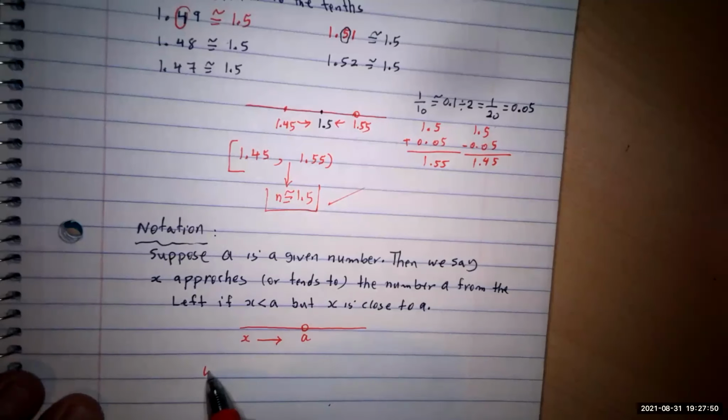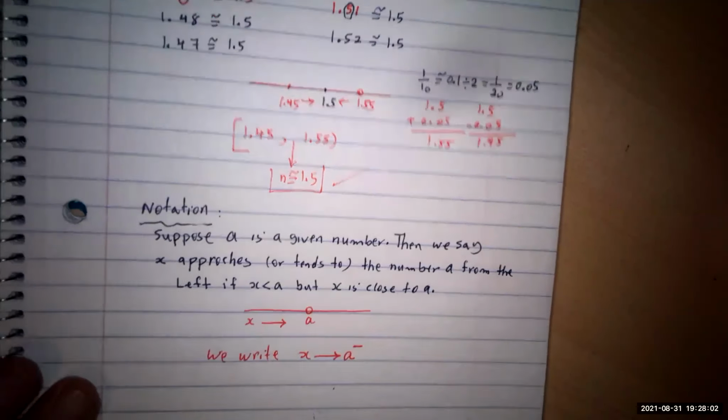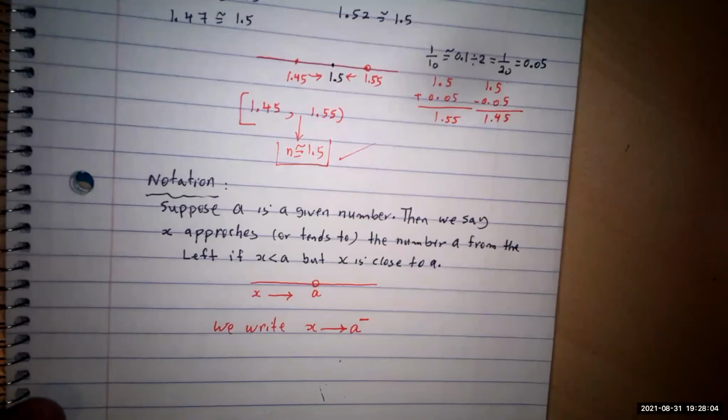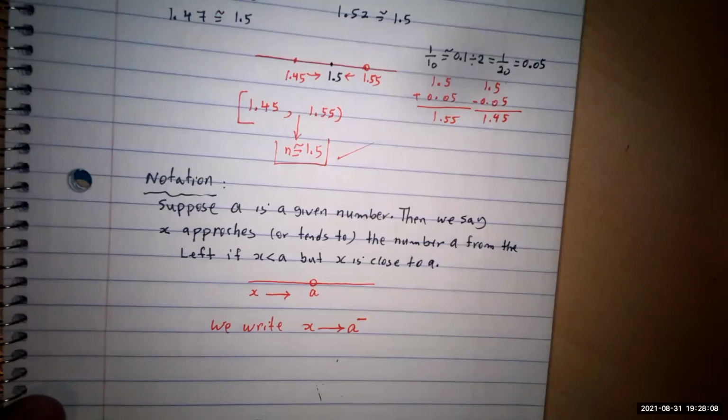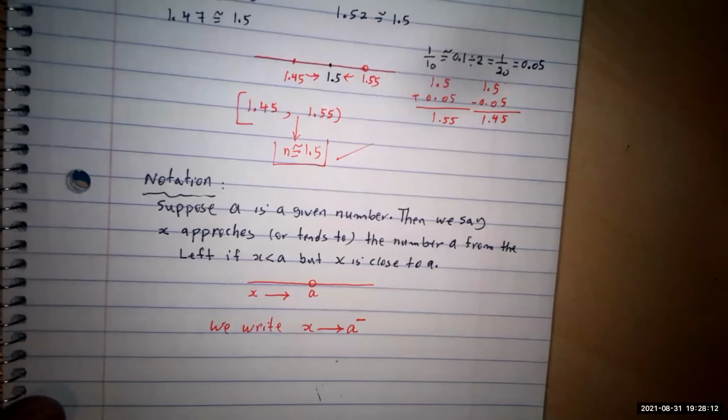In this case, we write x goes to a, but from the left. From the left means x goes to a negative. So x is approximately equal to a, but x is less than a.